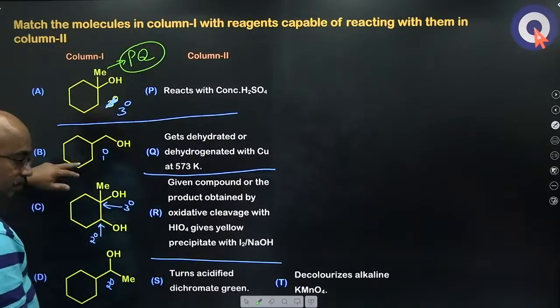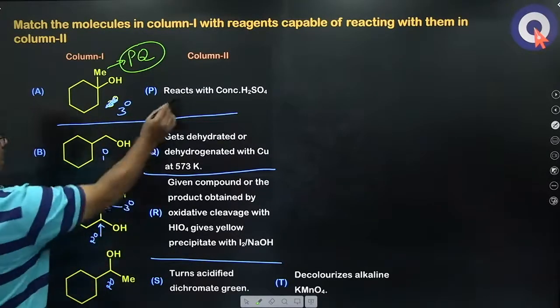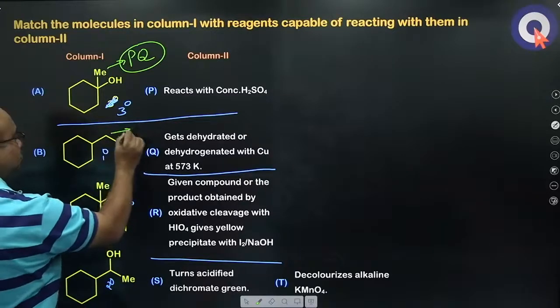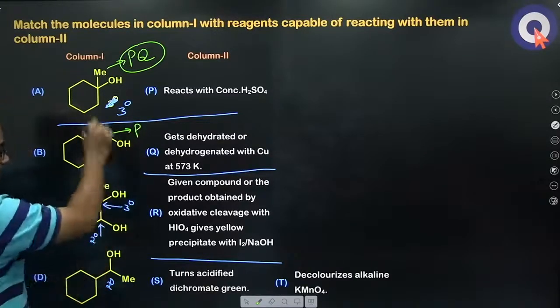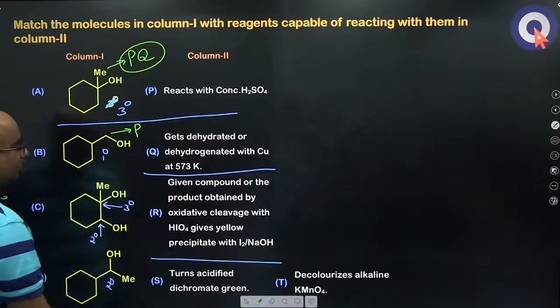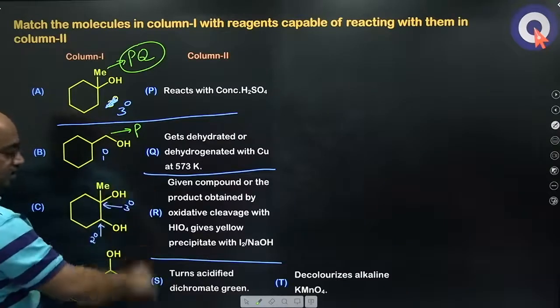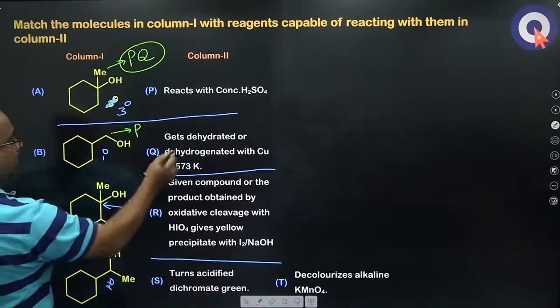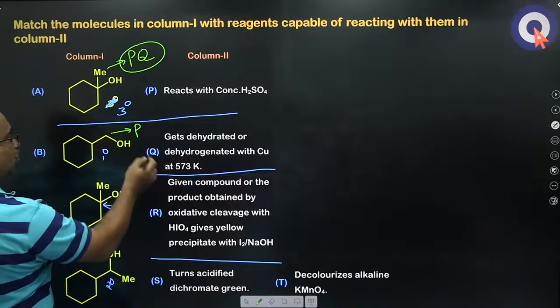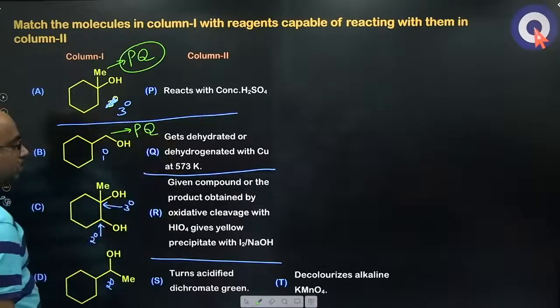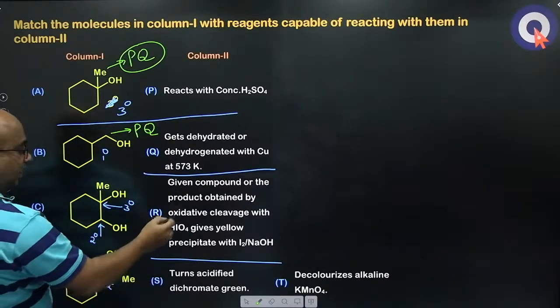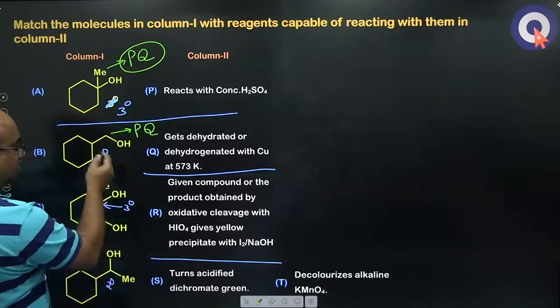Now let us apply this here. Can it react with acid? Yes. So everywhere it comes P. All are alcohols, anyhow acid reacts. It dehydrates, so it's a primary. Q also comes. Now can it react with HI, meaning can you cleave this?